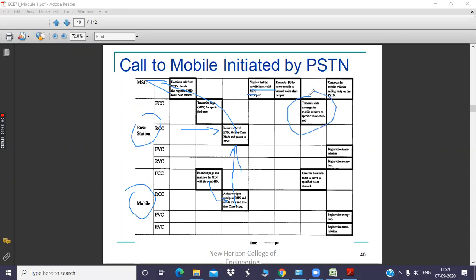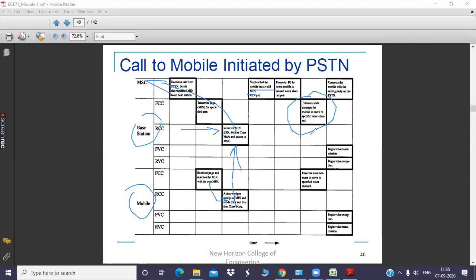Again we are making use of the FCC, not the FVC. We are not using the voice channel, we are using the control channel. By making use of this forward control channel, the base station will intimate the mobile user to take up the specified channel. That channel identification number will be sent to the mobile, so that the mobile will be automatically allocated to the specified channel.